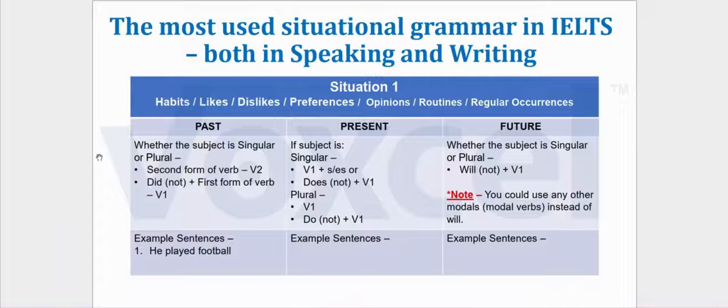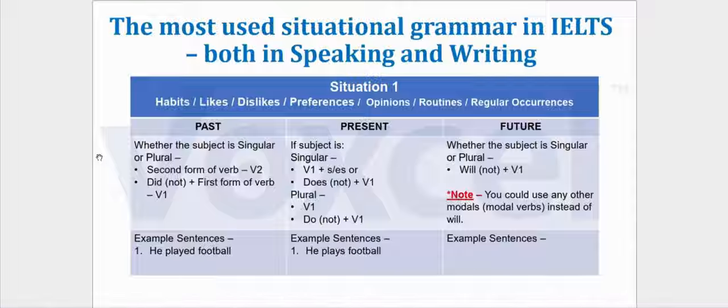So let's see some example sentences. If you want to say, like, he played football, we are talking about habits or likes or preferences, different words for the same thing. But if I want to say that in present, we will say he plays football.